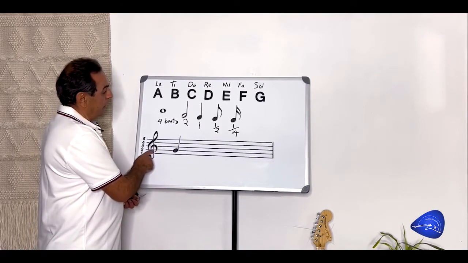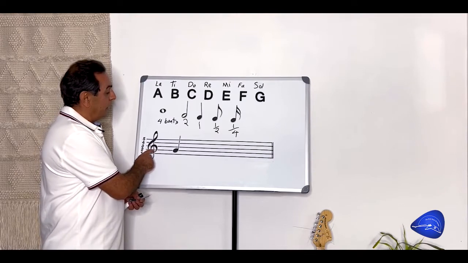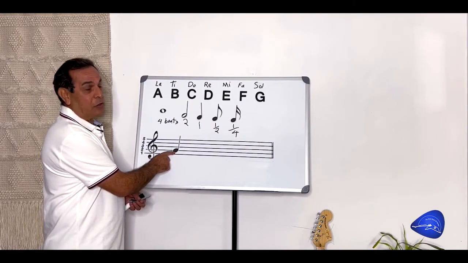That's why when we have treble clef or G clef, any note on the second line is called G.